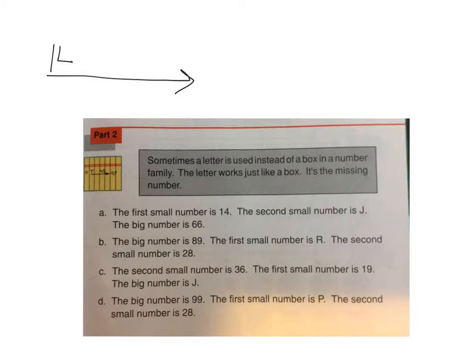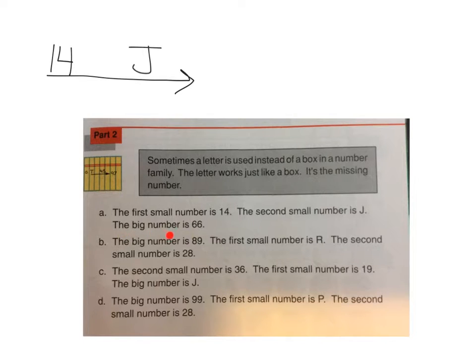So with the first small number, I'm going to put that on the line because we know that 2 small numbers will go on the line, and a big number goes at the end of the line. So my first small number, 14, is in place. Then it says that the second small number is J. So here, where the second small number would go, I'm going to write the letter J.